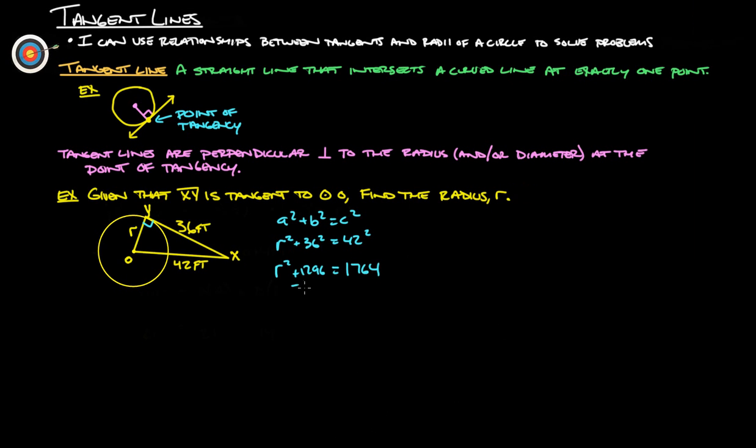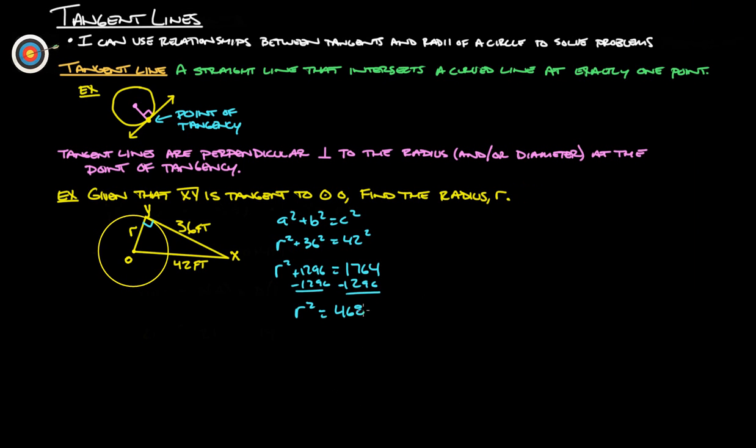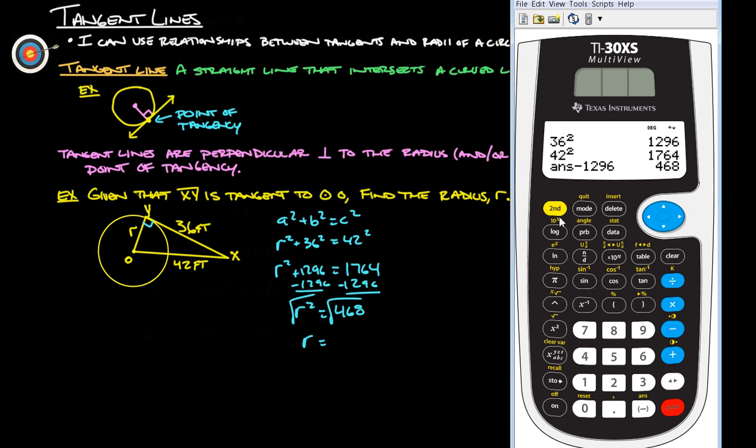Now we're going to want to subtract 1296 from both sides, and we get that r squared is 1764 minus 1296, and we get 468. Then our last step is to simply take the square root of that to figure out what our r is. So we square root 468, and that will give us 6 root 13.